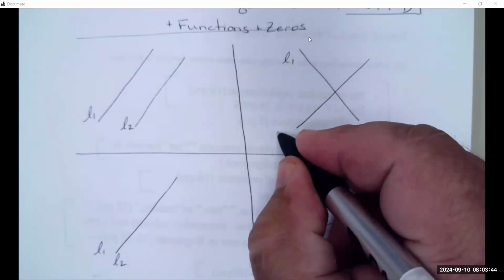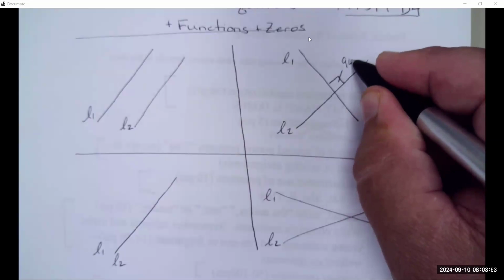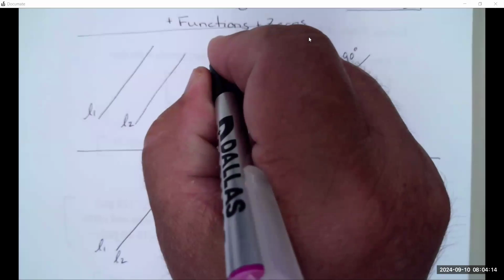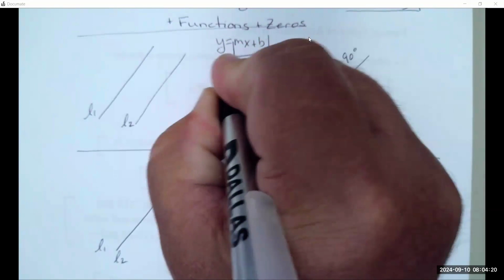This is line 1. This is line 2. And we always refer to the slope-intercept formula when we deal with lines.